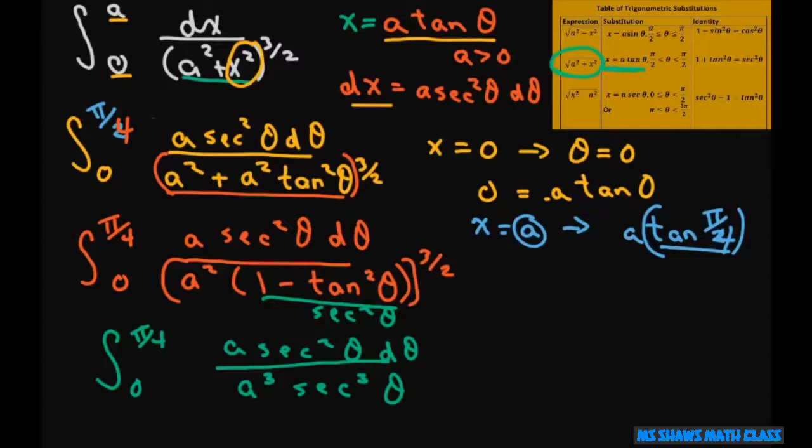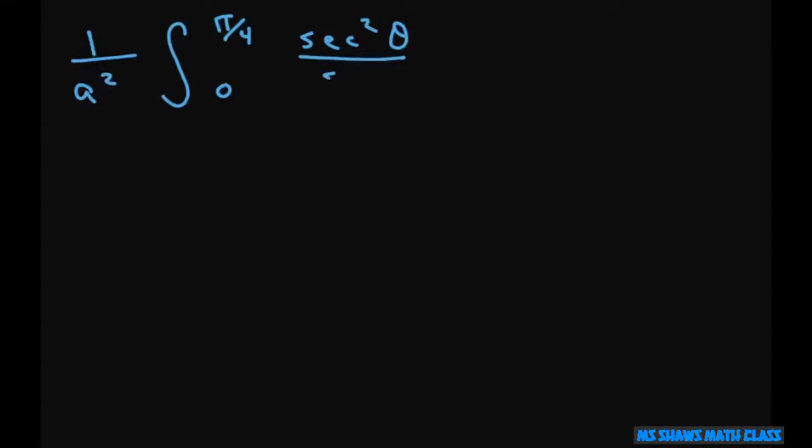So now, simplifying this further, when you look at these two, that's going to be 1 over a squared. So that's going to be 1 divided by a squared from pi divided by 4 to 0, and then we had secant squared theta divided by secant cubed theta d theta.